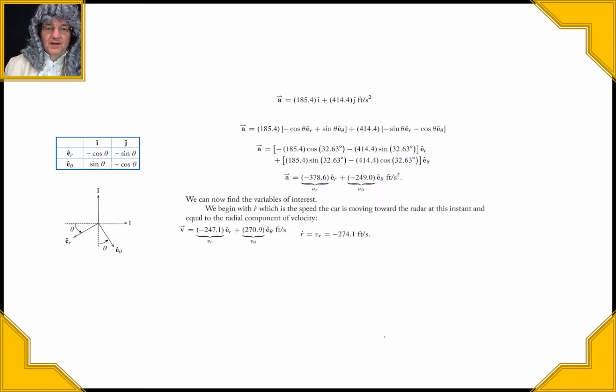Because if we write out, remember, I don't think I put it up on here. It would have been nice if I put it up here. Velocity is r dot e_r plus r theta dot e_theta, right? So this component right there is r dot.